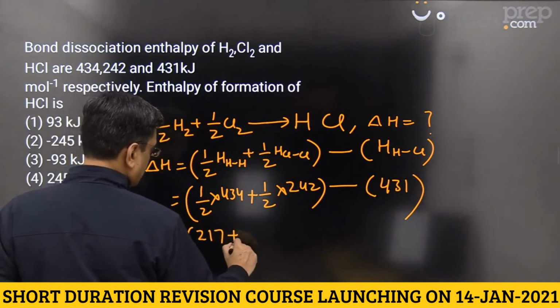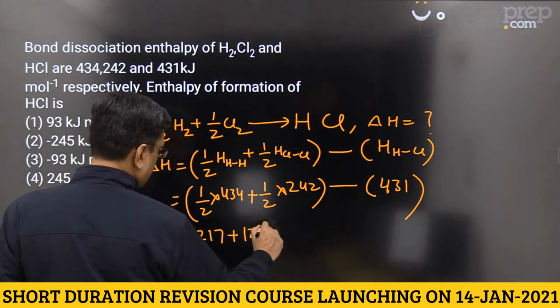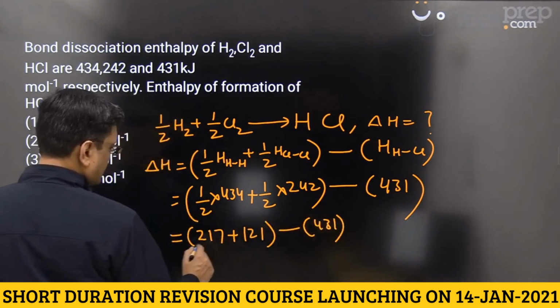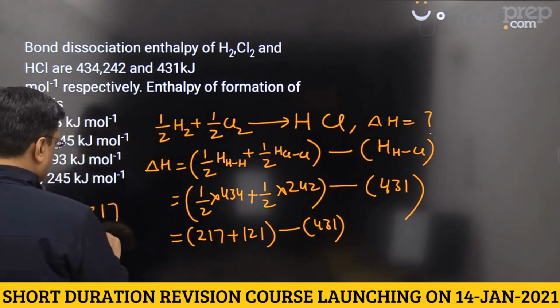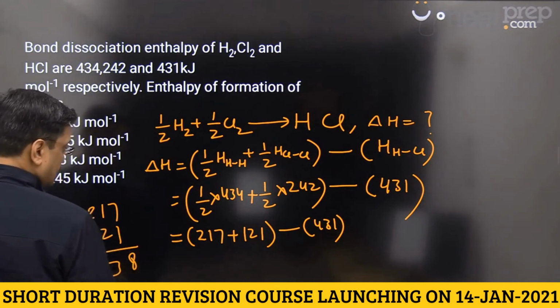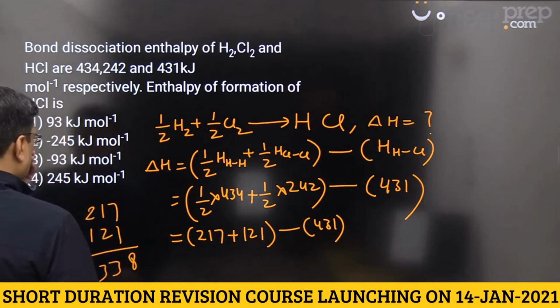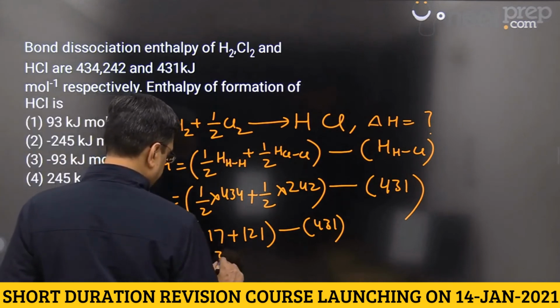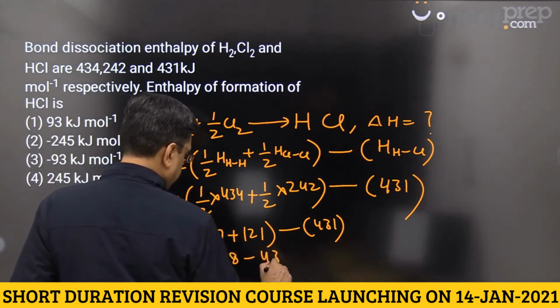This is 217 plus 121 minus 431. 217 plus 121 is 338, positive, minus 431.